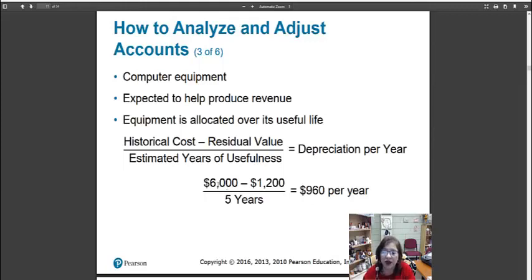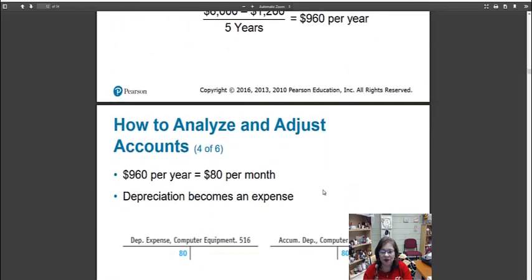So if you decide that $6,000 minus $1,200 over 5 years, you would get how much you're going to be depreciating this per year, which means that if you're depreciating that per year, then you would still have to divide this by 12 months to determine how many months you're going to go ahead and depreciate it. And don't worry, in our assignments, it usually gives you the amount of depreciation per year, okay? We'll talk about this a little bit more.